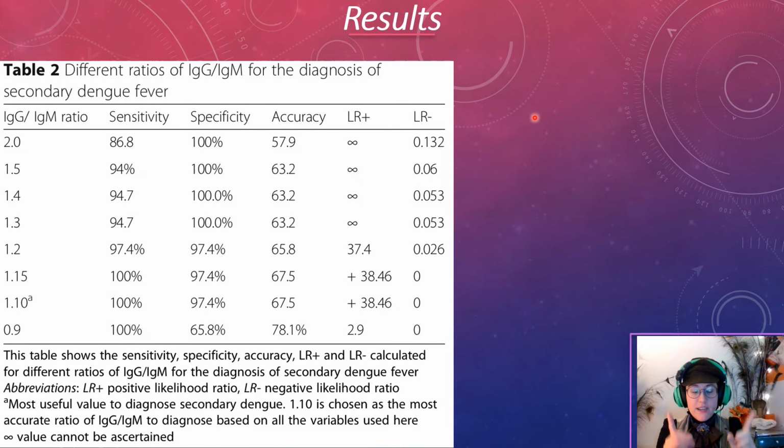Now, this is important, again, because if we can differentiate between primary and secondary fast enough, then we'll be able to get that person into the hospital so that they can undergo treatment for hemorrhagic fever while sending the person who does not have hemorrhagic fever home to be with their family to have self-care at home.